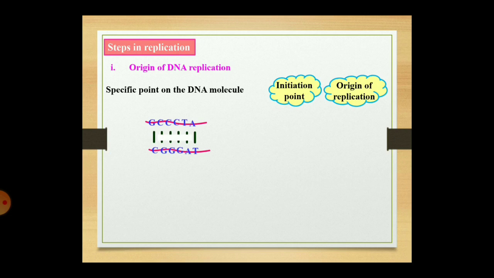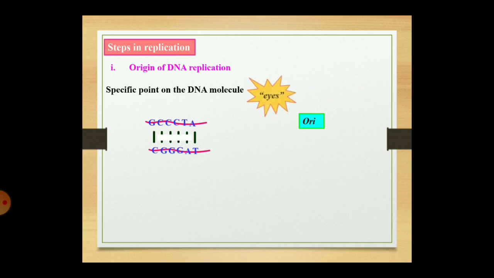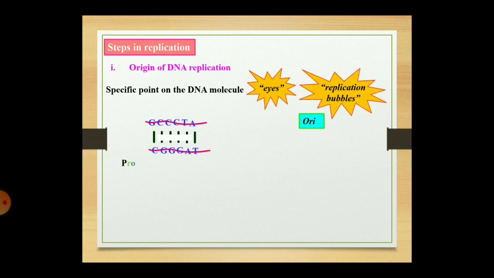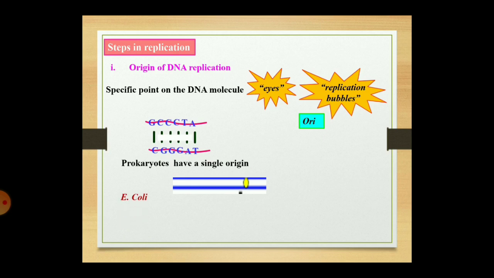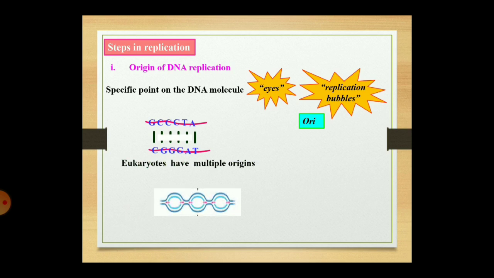In prokaryotes there is only a single origin of replication site, monoreplicon, whereas eukaryotes possess many origin of replication sites, which we call multiple replication sites, or multi-replicon.